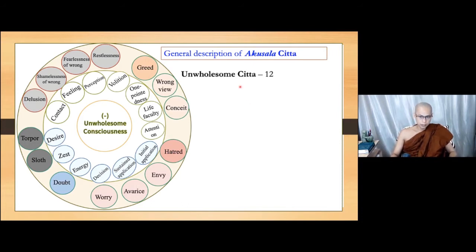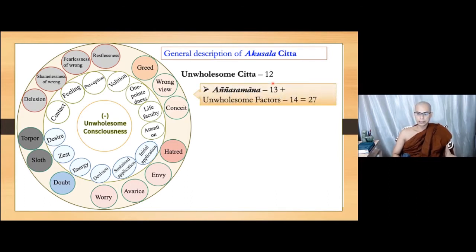So this is the general description for the akusala citta, the 12 unwholesome consciousness. In some cases we cannot identify whether it is due to lobha or dosa or moha, but we know it is unwholesome. At that moment, we refer to the 12 unwholesome consciousness.